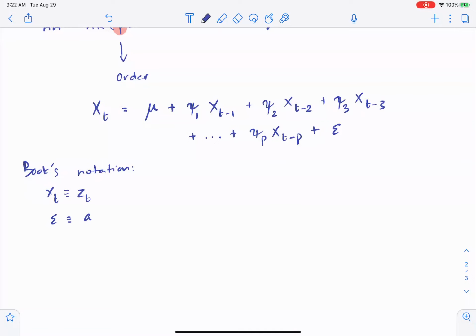Here is a question. What is the subscript for epsilon? Is it t? Is it t minus 1? Is it t minus p? Or is it something else?